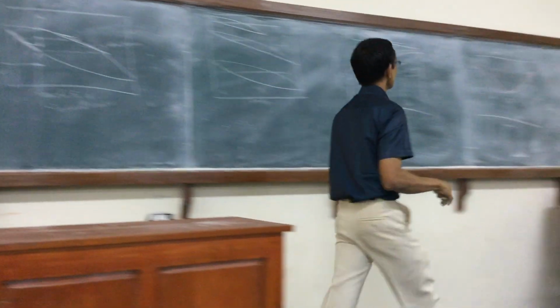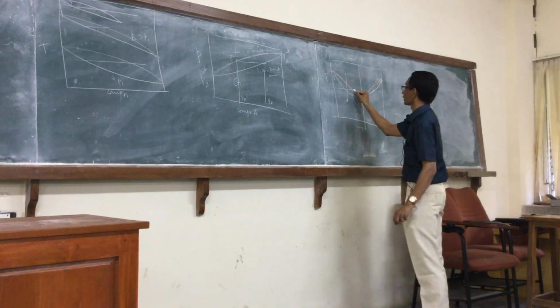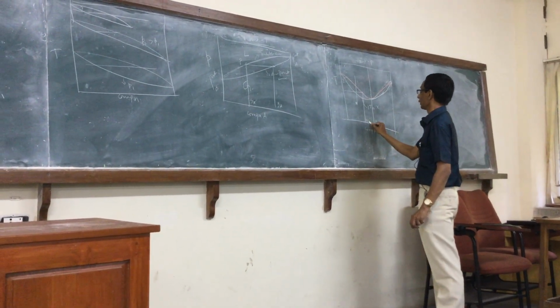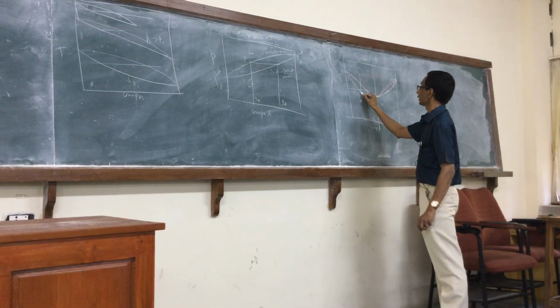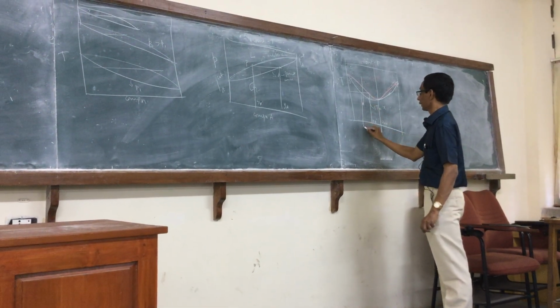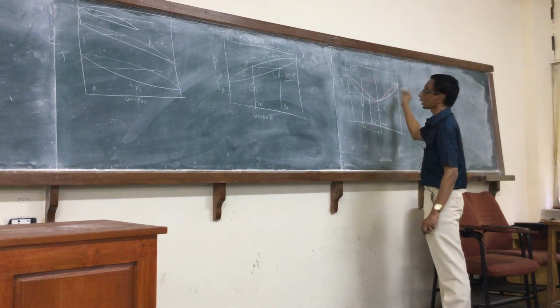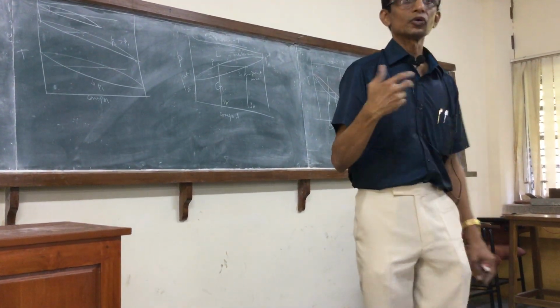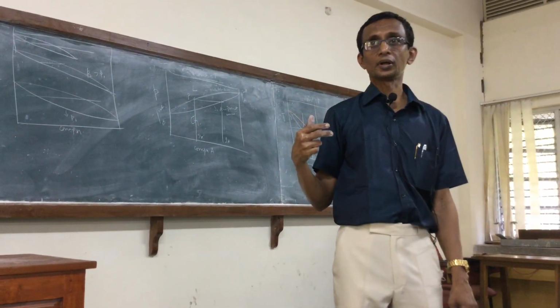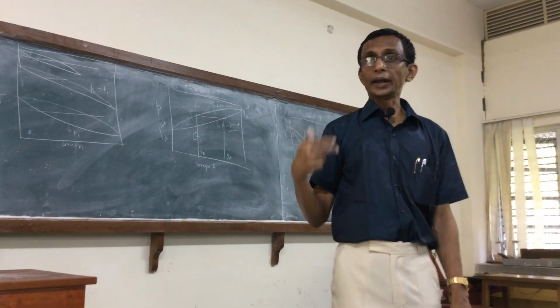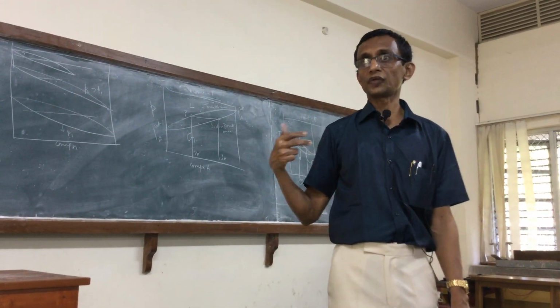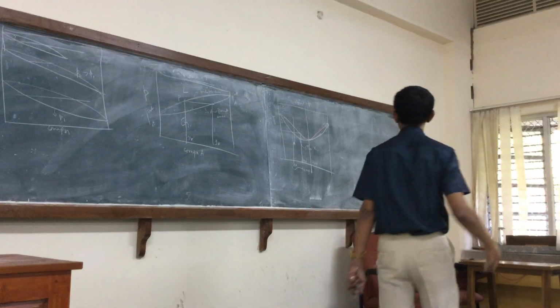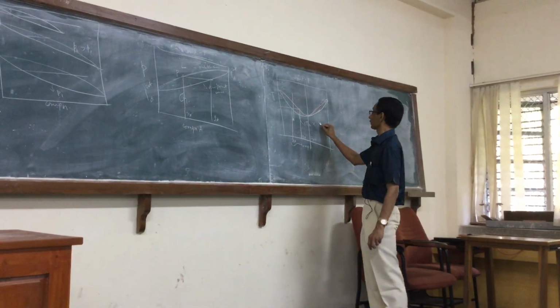In the sense that at any temperature, the YA will be clearly greater than XA. Now, however, to the right of the azeotropic composition, you take any liquid which has a mole fraction of A greater than the azeotropic composition, and then do the heating process.